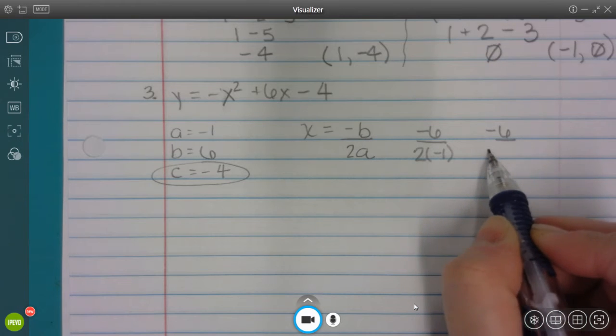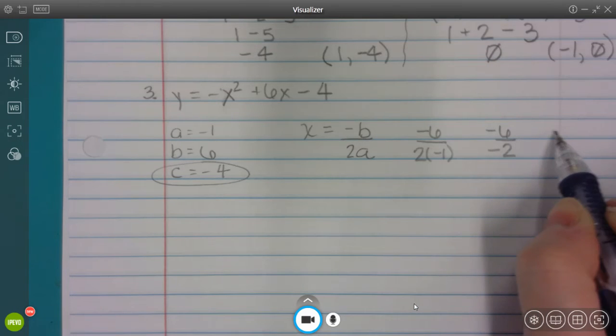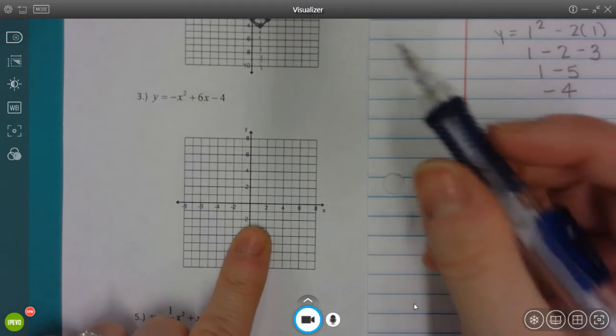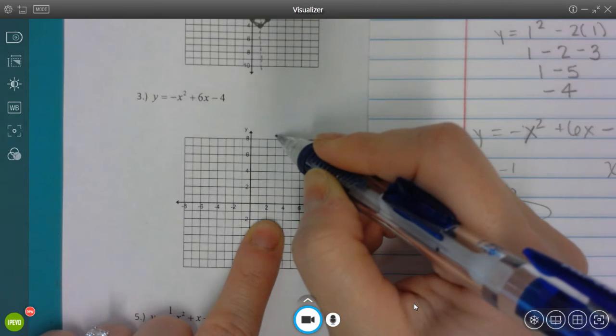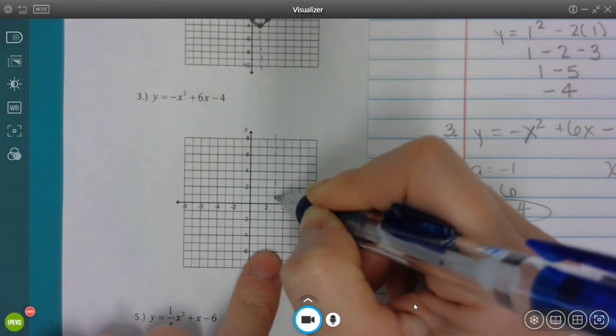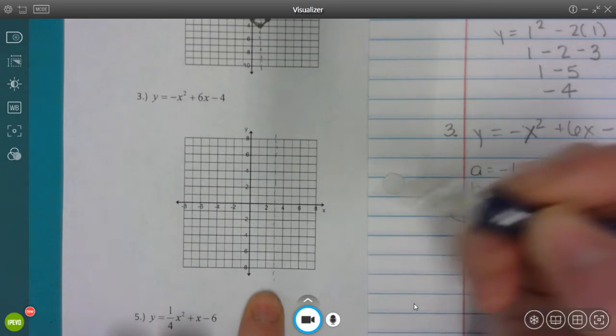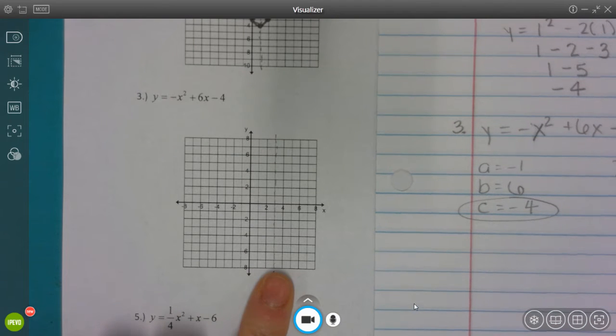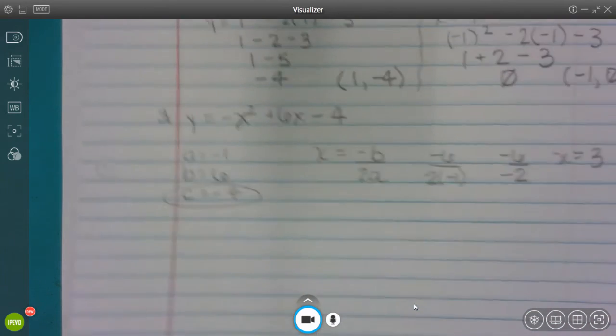So that's -6 divided by -2, which is going to give me a value of x equals 3. So that's that imaginary vertical line. So I'm going to come over here to where x is 3, and I'll know that all of my symmetry is going to happen around that vertical line.